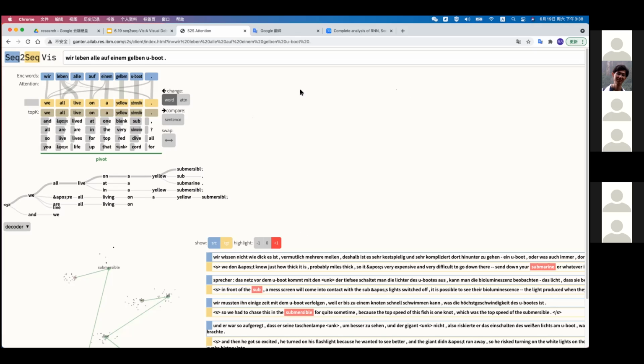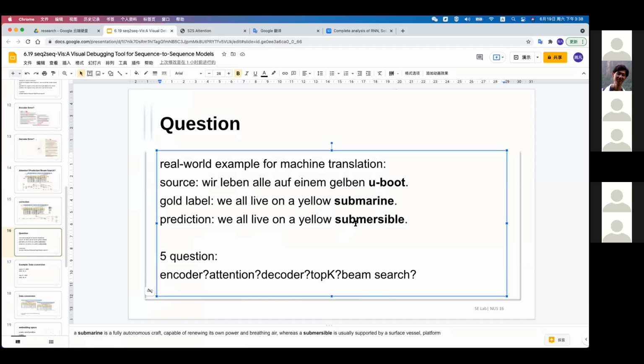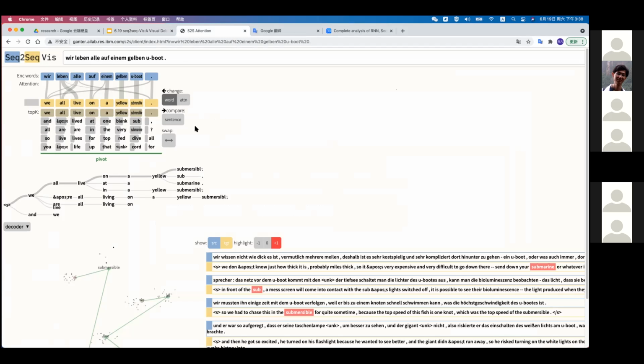Okay, maybe Ruofan, could you have a try? Which word is wrong? Here the problem is the U-boot. In German, U-boot means submarine, but this model predicts the submersible. So we want to check what part of the model is wrong.